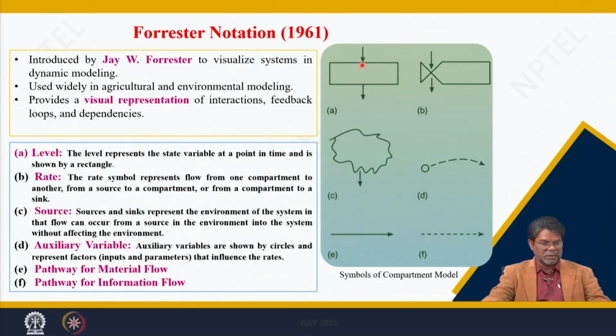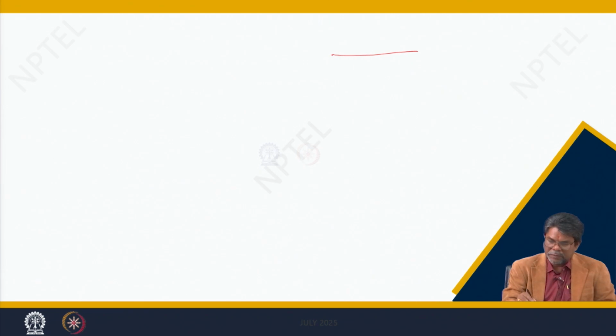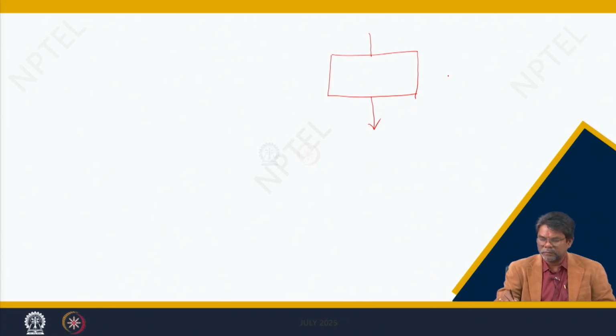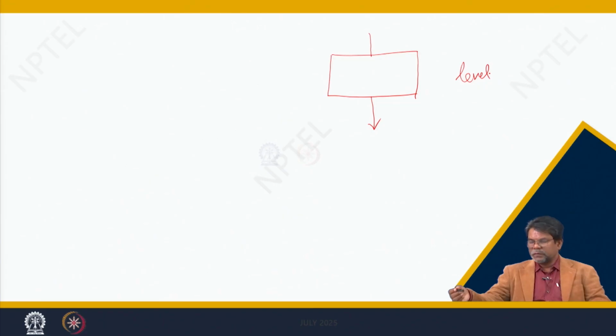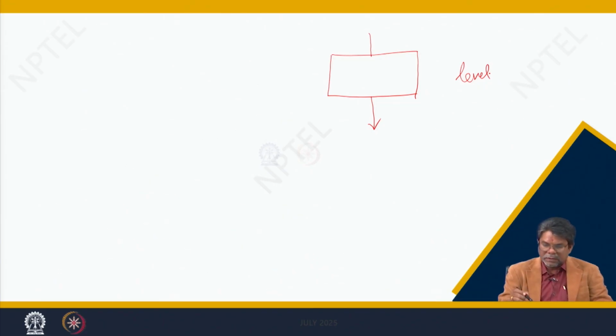This small arrow, I can show you how the label is represented as a rectangle. So, label represented by the state variable, this represents the label.